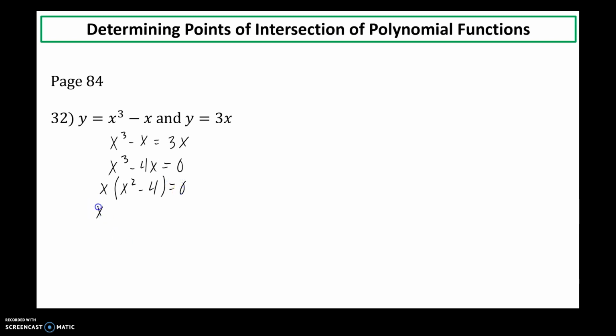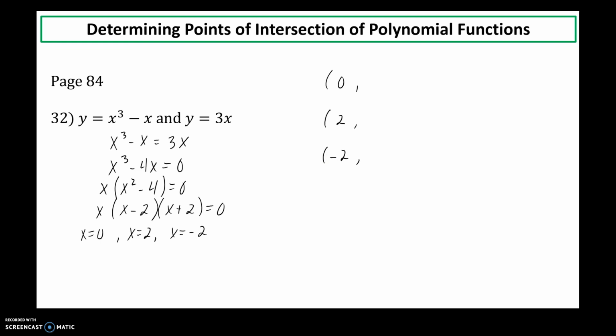I'm just going to continue to factor so you see the practice. Difference of perfect squares, so x minus 2 times x plus 2. So I have 3 x coordinates: 0, 2, and -2. So those 3 x values correspond to 3 ordered pairs, 3 points of intersection.